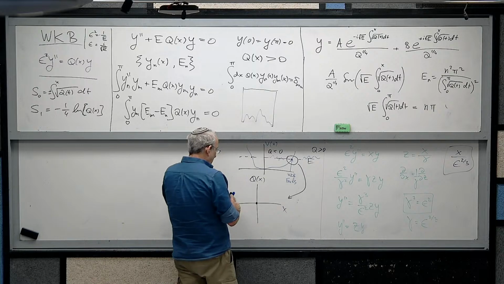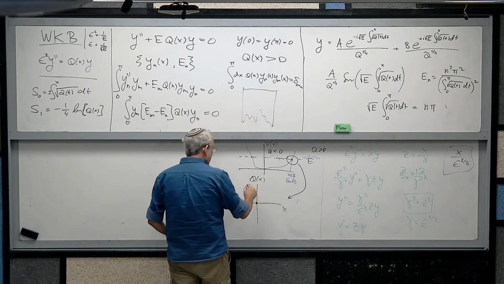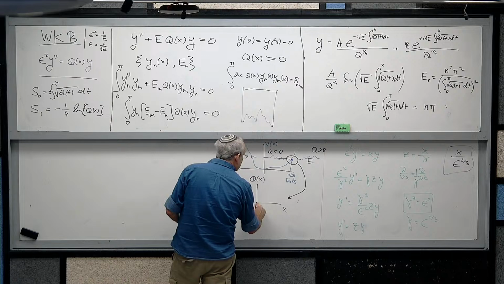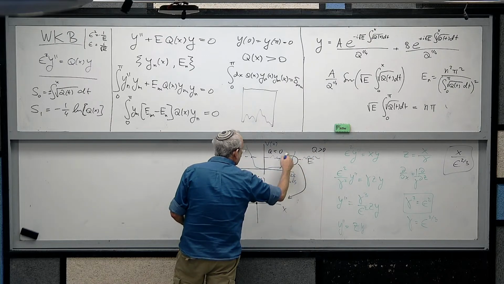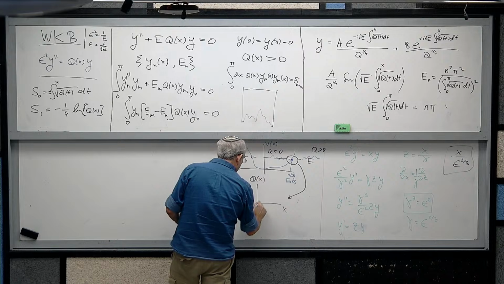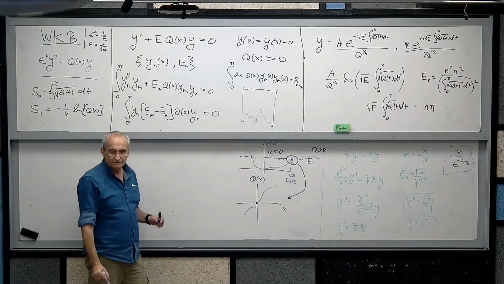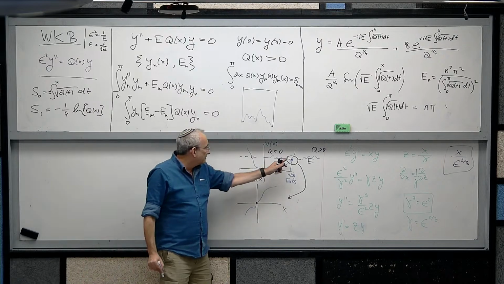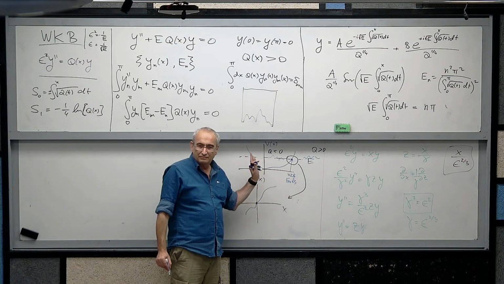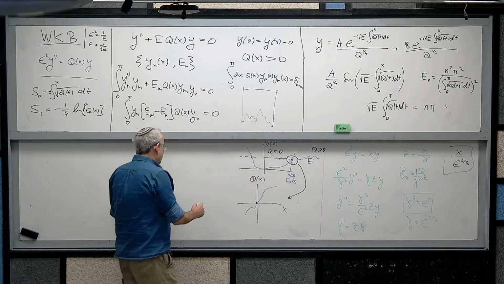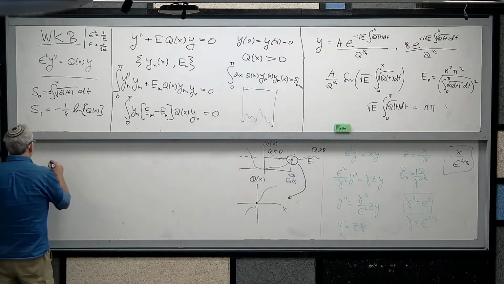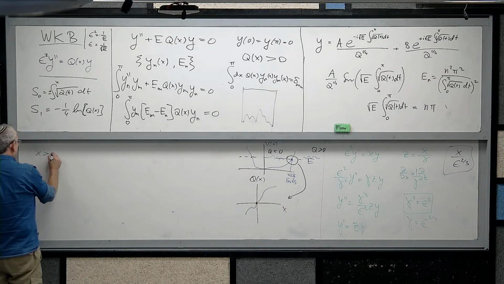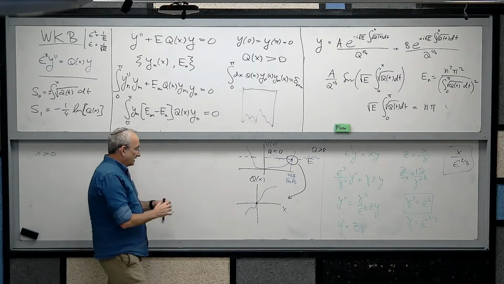For the moment I will plot q of x against x, and I know that it crosses 0 here, it is above 0 here and below 0 here, so it will go like that. Why does it cross 0 at x equal to 0? I'm just defining this as 0. Okay, that's all.